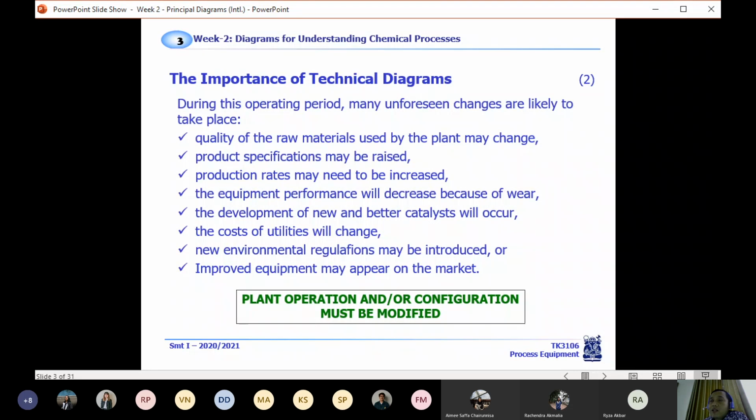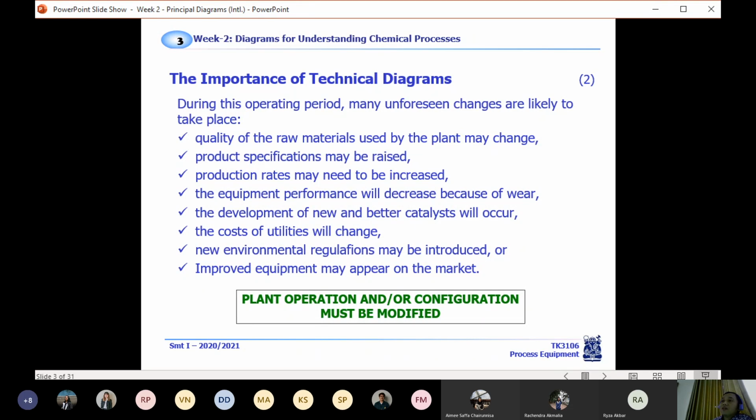There will be quite many parameters to tell: the pressure has changed, the temperature has changed, the flow rate has changed, etc. The best way to deliver the presentation is by showing the principal diagram completed with the differences in process conditions.